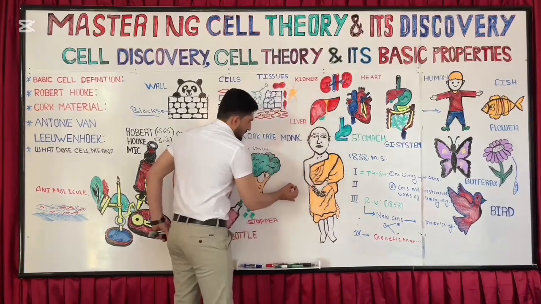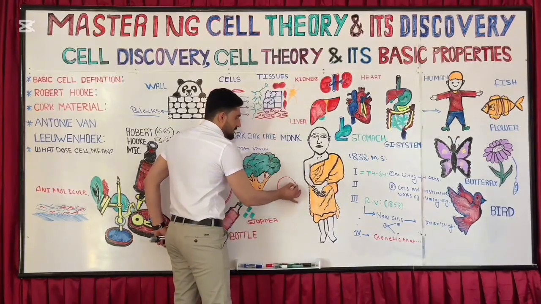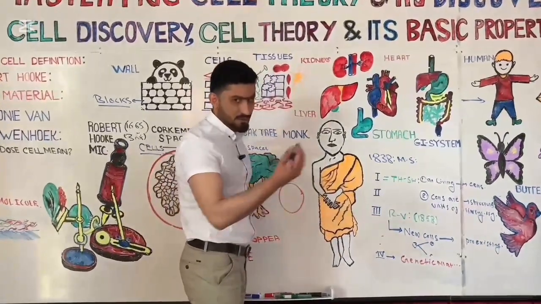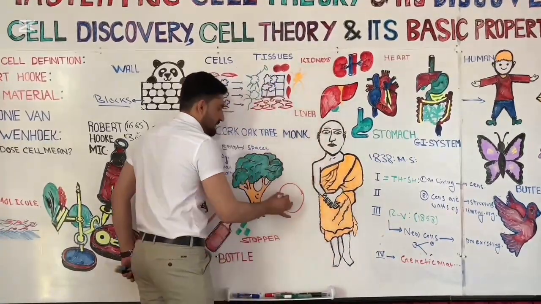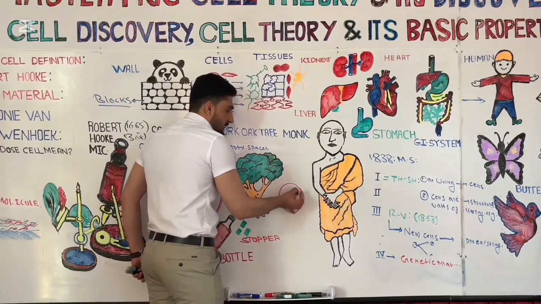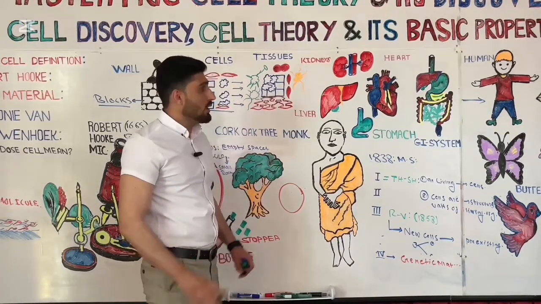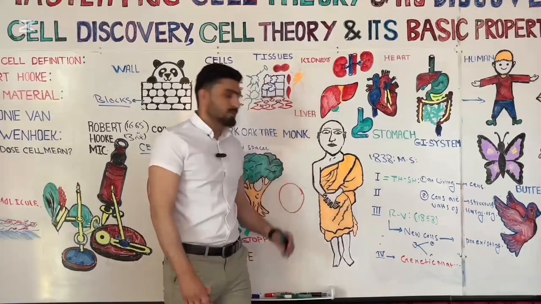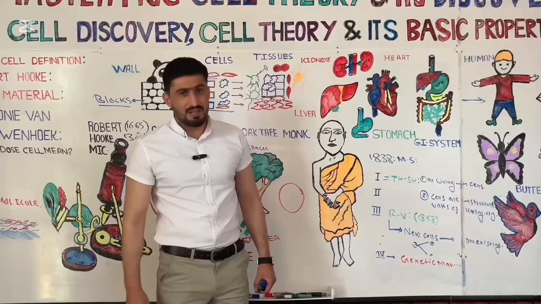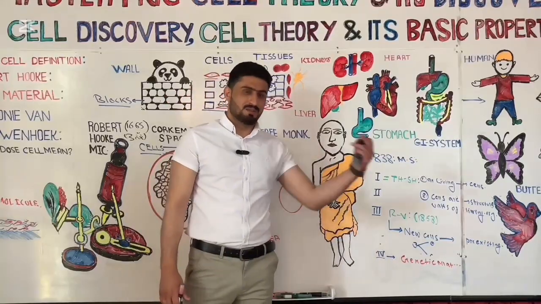For example, this is a cell. This outer layer of a cell is called the cell membrane. I'll explain it in upcoming video lectures, but for now, this cell membrane separates the intracellular area from the extracellular area. Thirdly, all cells utilize energy. They need energy. I'll explain them in future lectures.